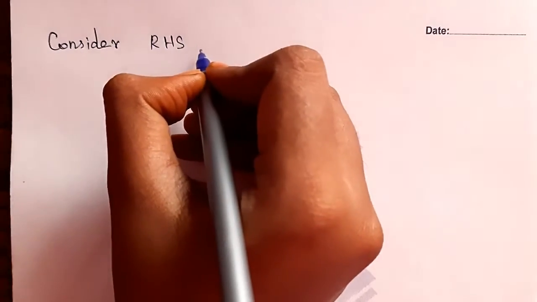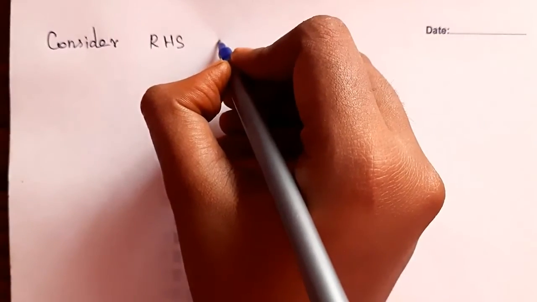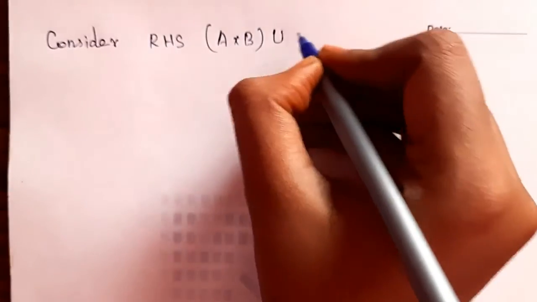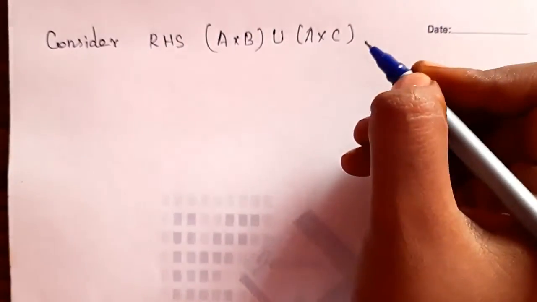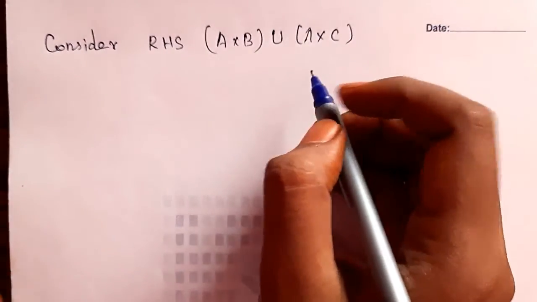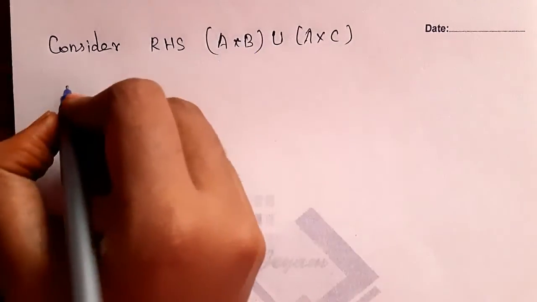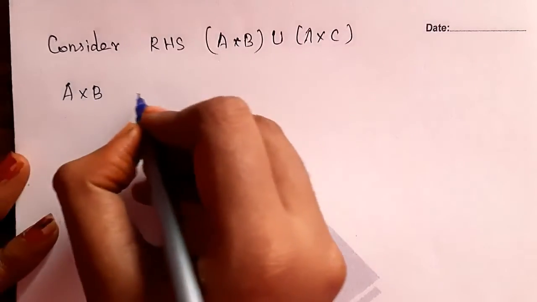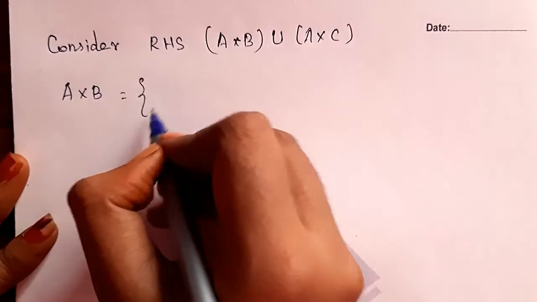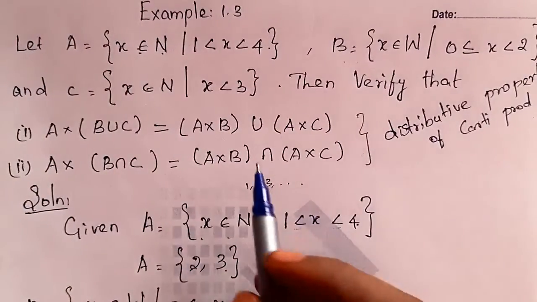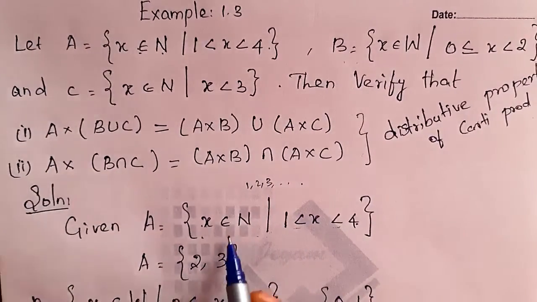So consider RHS, that is (A cross B) union (A cross C). We are going to verify it. First we do it step by step. First take A cross B. For that you have to know what is A and what is B. A is {2, 3}.